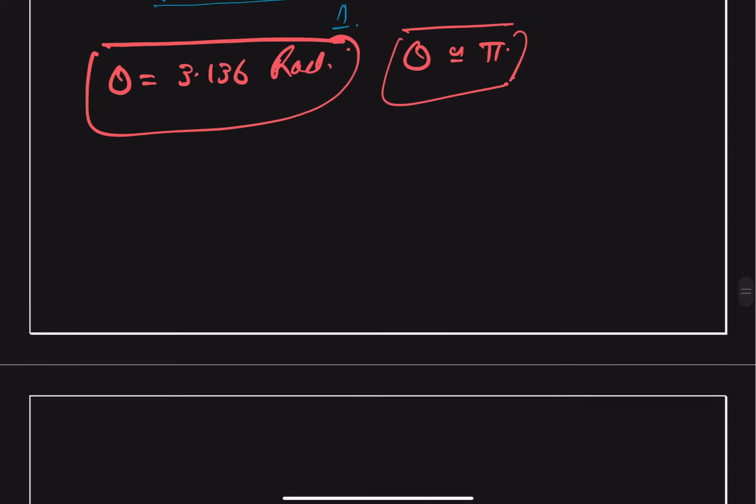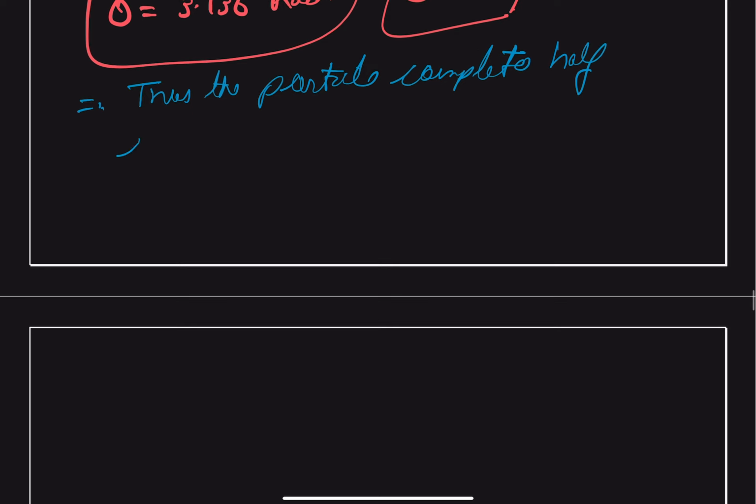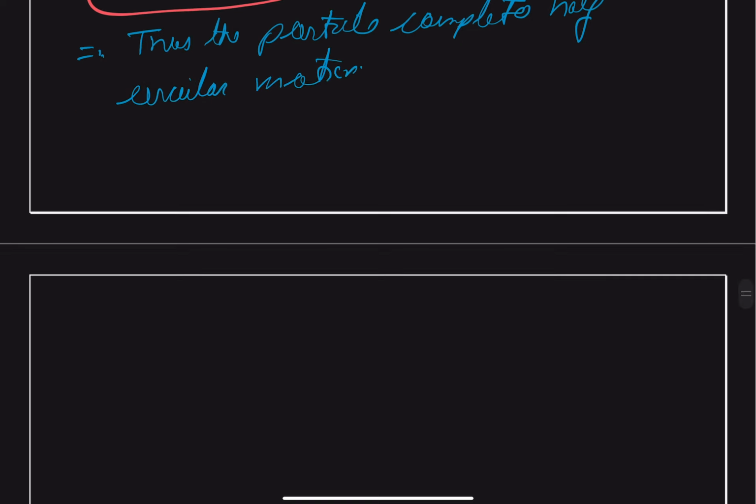Therefore, thus the particle completes half circular motion. So now we can find out the final position at time t2.